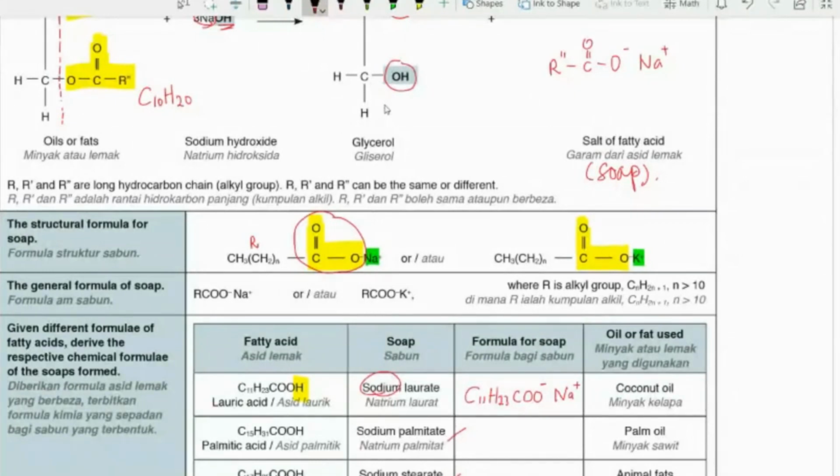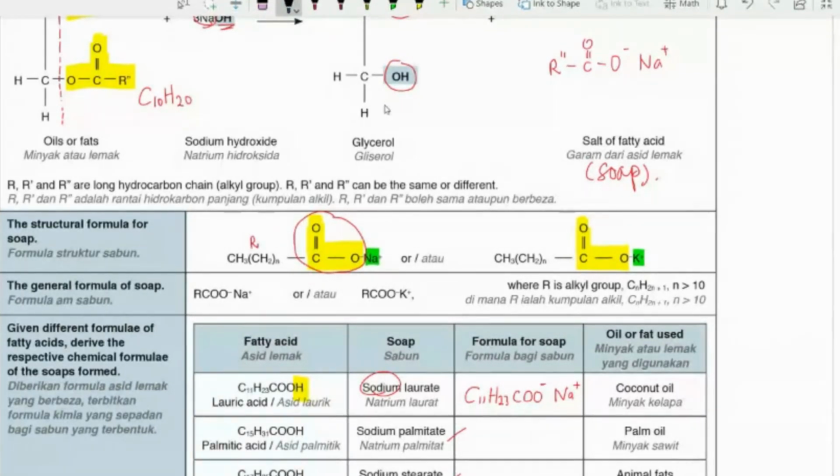Okay. How about the others? Everybody got it? Okay, C15H31COONa. All capital letters.